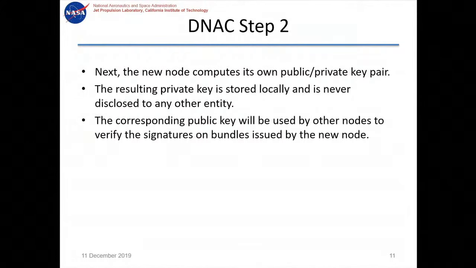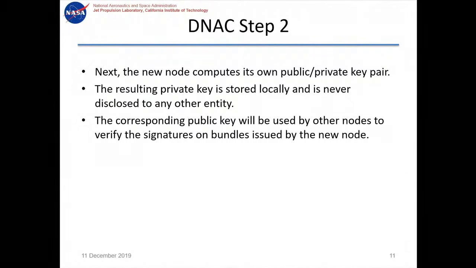Assuming that we can do that, the new node can compute its own public-private key pair. That's a straightforward thing. It's computationally intensive, but you only have to do it once, or very rarely. Maybe you roll over your keys every year or something, but you shouldn't have to do it very often. The private key from this computation is stored locally at this new node.